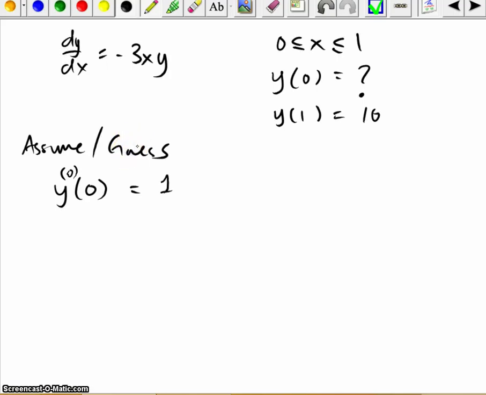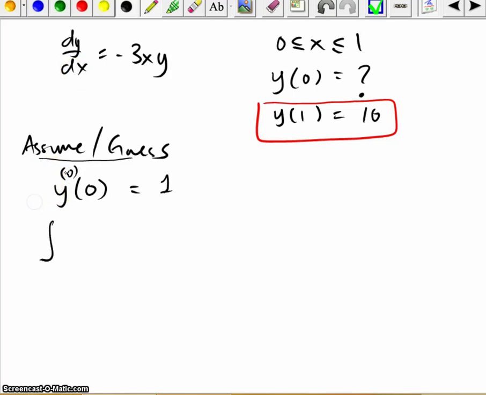If I assume my y0 equals 1, and for the moment ignore this boundary condition here, this problem would become an initial value problem because we have made a guess to our initial value. So we can solve this ODE now using the Euler method, Heun's method, or the other methods that we have considered so far. But for this particular example, we can actually solve this analytically.